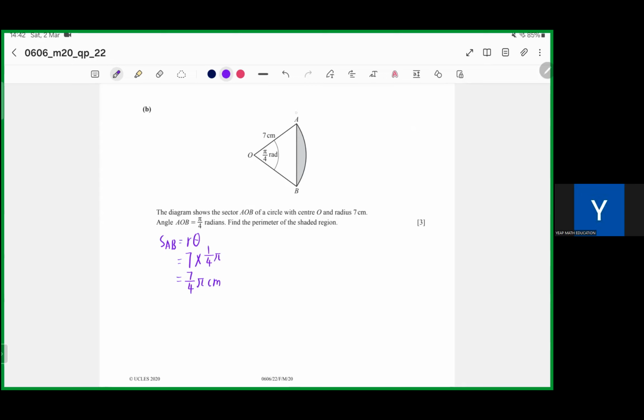Okay, and then how to solve for this straight line AB? Okay, we can use trigonometry to solve it. Actually here I separated it.